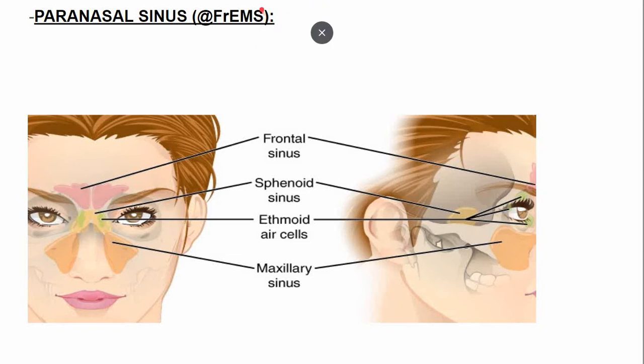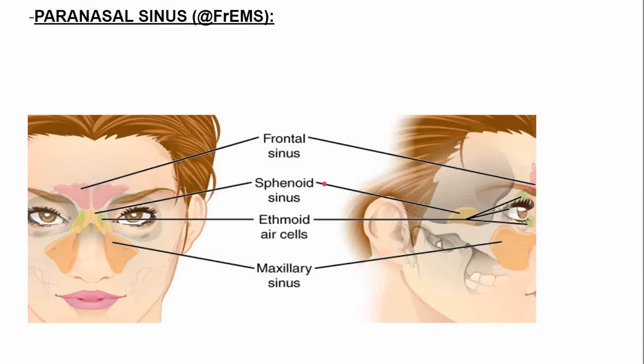Here you can see this mnemonic, FREMS. This will help in the entrance exam. FR means frontal sinus, E means ethmoidal air cells, M means maxillary sinus, S means sphenoidal sinus. In the diagram, the light pink color shows the frontal sinuses, and the light green shows the ethmoidal air cells.